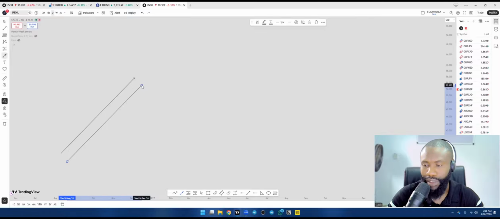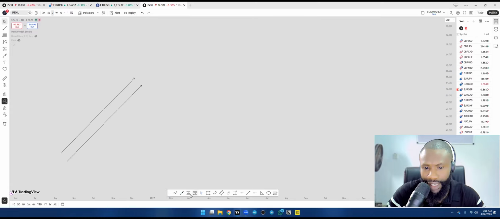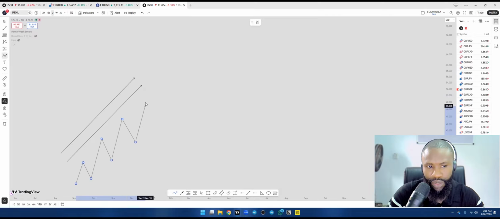On the daily time frame, we are seeing something like this: push phase, retracement, push phase, retracement, push phase, retracement, push phase, then a break, and this.